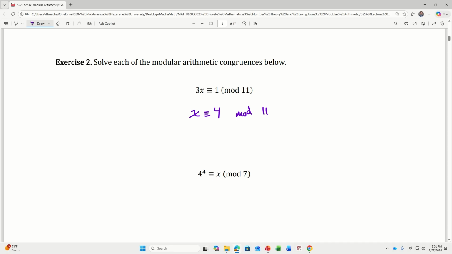And then 34, which is not divisible by 3, and then 45. 45 is divisible by 3. That would be 15. And then 15 mod 11 is 4. So really, the only possible x is 4 in this case.